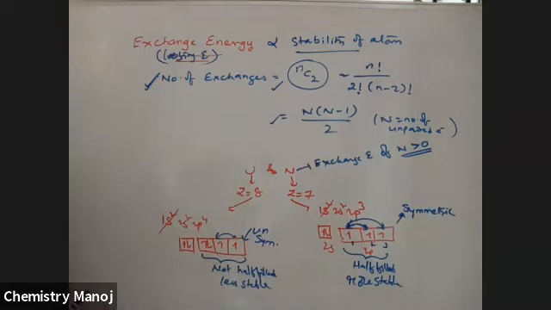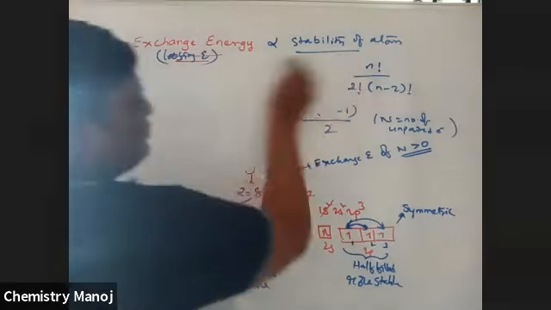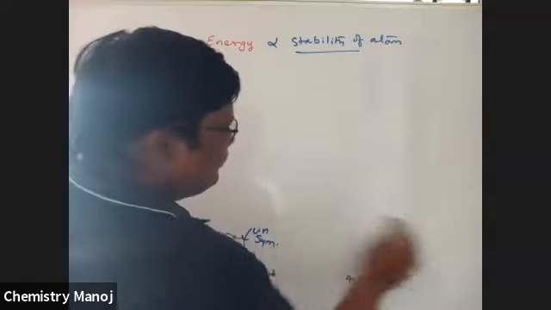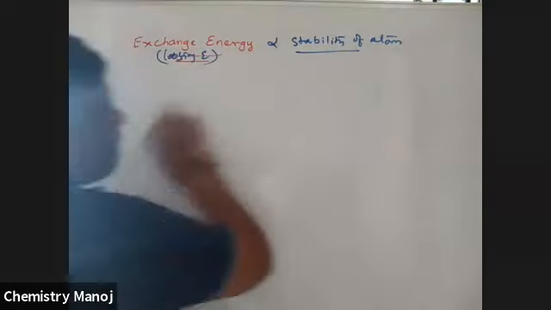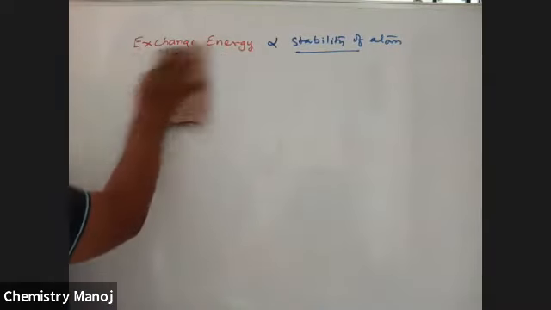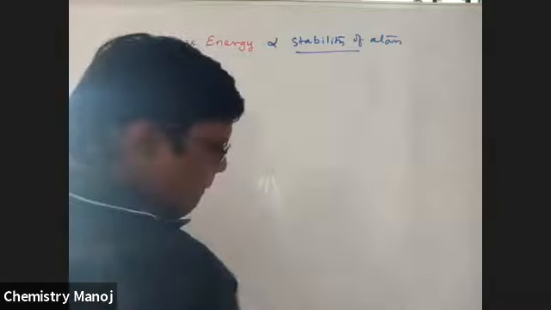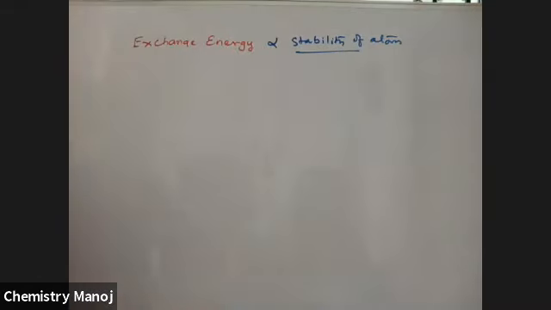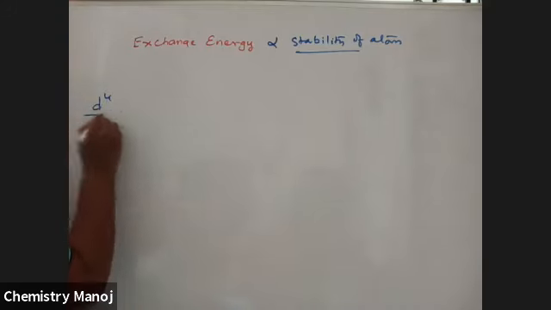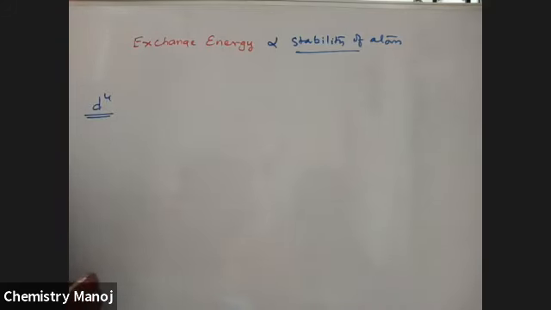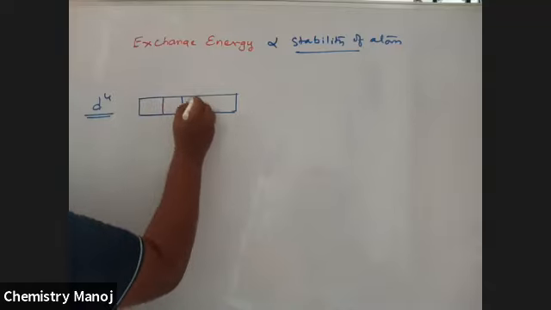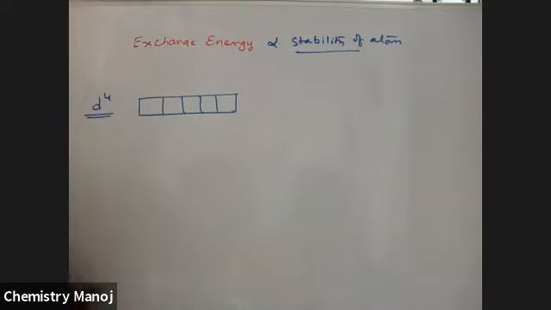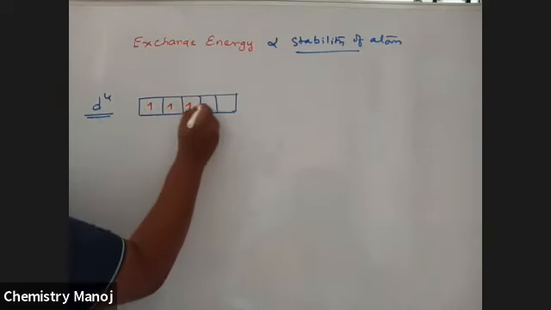I'm going to take some examples here. Let us take the d4 configuration. These are the 4 unpaired electrons existing here.